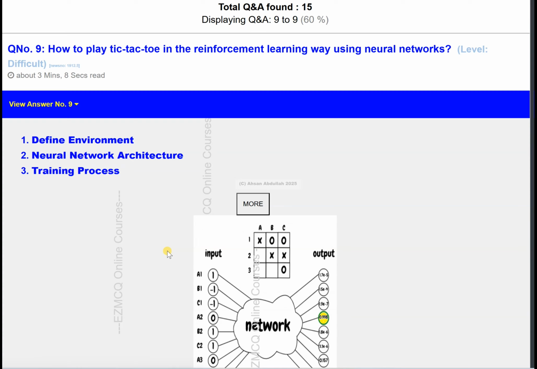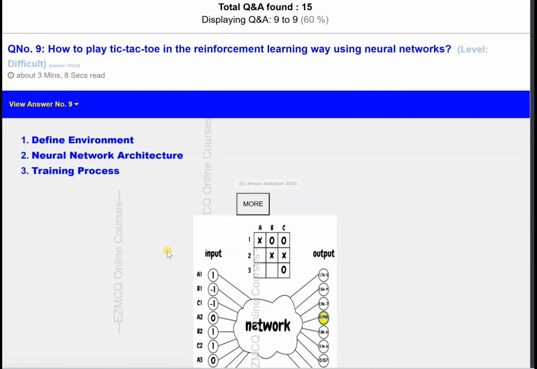So before we jump into this, let me give you a little bit of background, because this involves defining the game environment. And how is that defined? That has to be defined clearly by specifying how the states are represented, how the actions are represented, and how the rewards are represented.